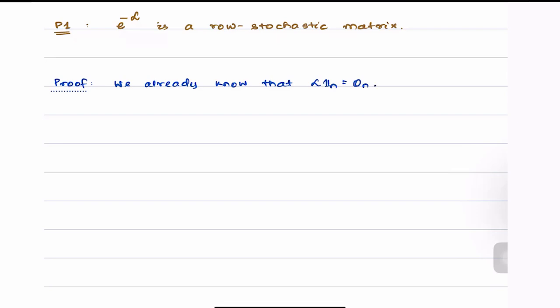So we're going to use this property in order to prove that e to the power minus L is row stochastic. How? Since the row sums of L add up to 0, when we multiply 1n to it, we know that it gives us a vector of all the row sums. Hence, if you're interested in adding up all of the rows of e raised to the power minus L, again, we should multiply it with the vector 1n.